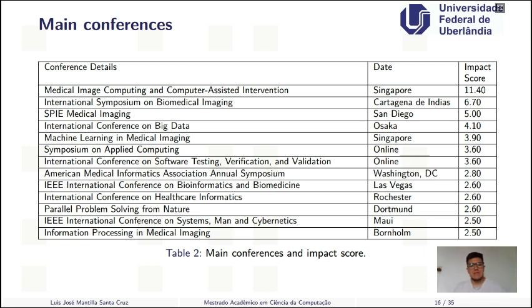Well, some of the most important are Medical Image Computing and Computer Assisted Intervention, the International Symposium on Biomedical Imaging, LSPIA, Medical Imaging, the International Conference on Big Data, Machine Learning in Medical Imaging, Symposiums on Applied Computing, the International Conference on Software Testing, Verification and Validation, the American Medical Informatics Association Annual Symposium, the International Conference on Bioinformatics and Biomedicine, the International Conference on Healthcare Informatics, Parallel Problem Solving from Nature, the International Conference on Systems, Man, and Cybernetics, and Information Processing in Medical Imaging.